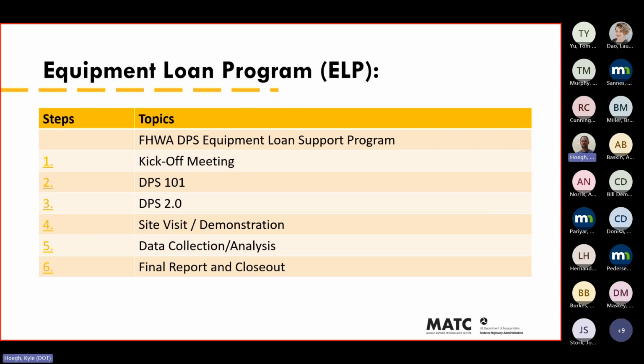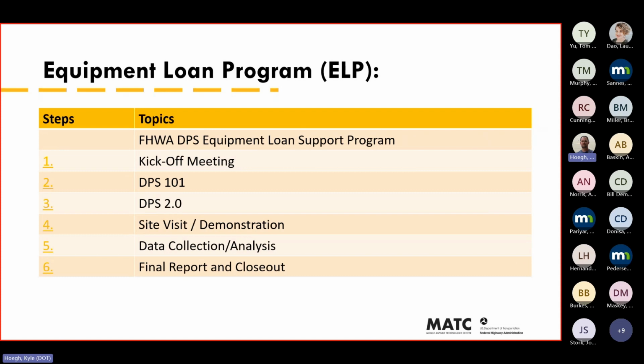And with that, we have a 6-step proposal where we have an equipment loan request form. We have a kickoff meeting where we get information on what projects you're going to use it at, what your goal is, the intended goal of the loan. And then Mercedes and I developed 2 trainings, and these are usually held virtual.